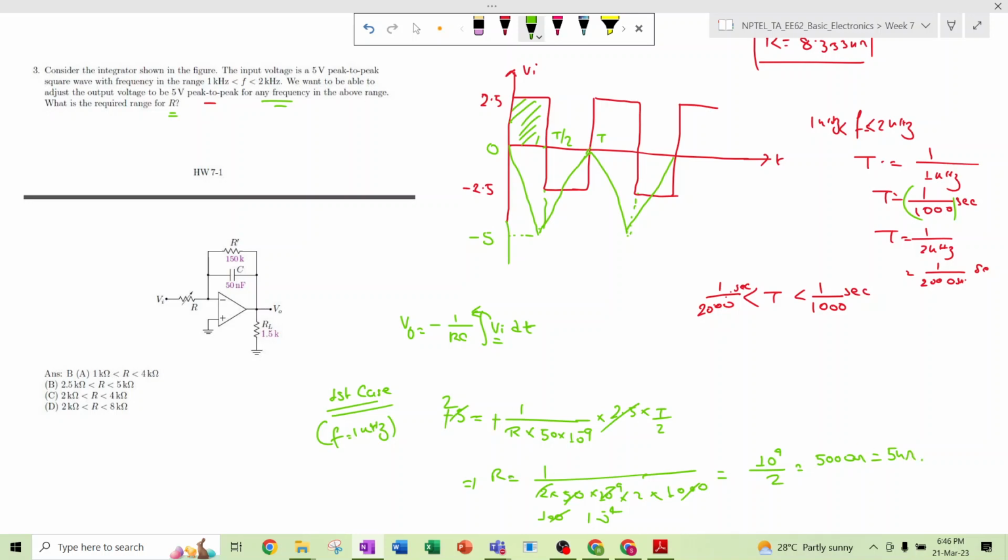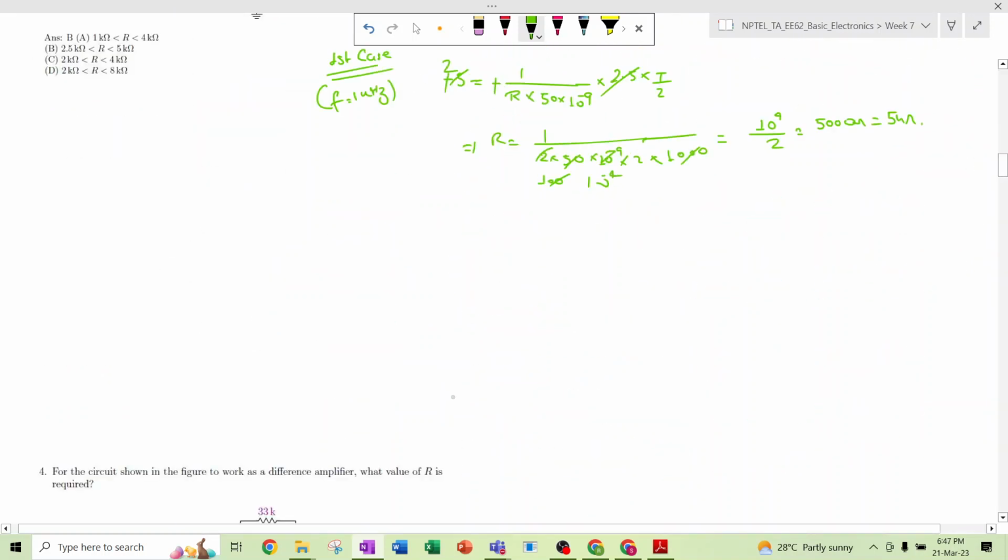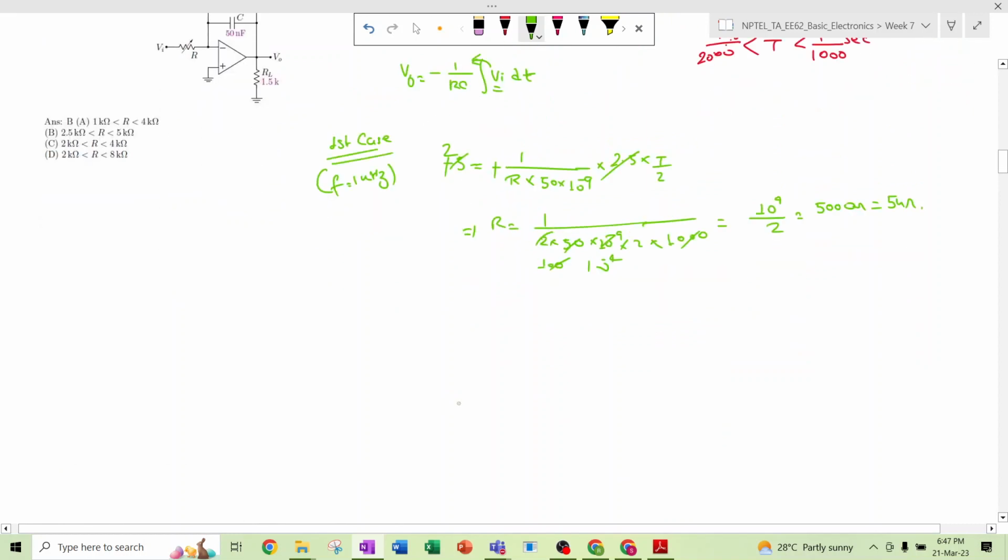So in the first case, the resistance value is 5 kilo ohm.